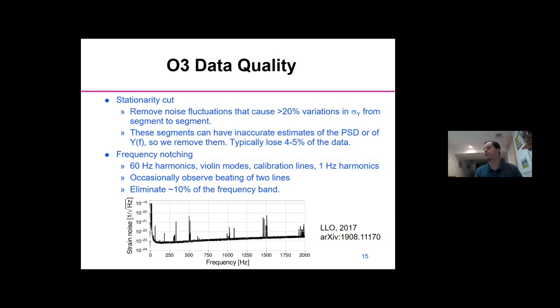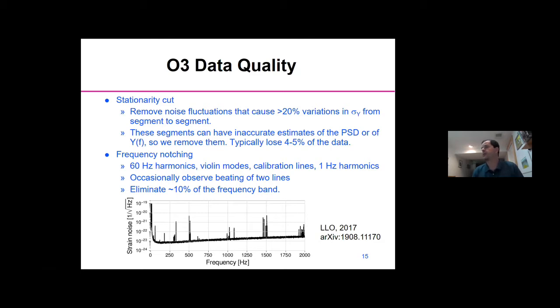Fluctuations that are larger than 20%, in our experience at least, are indicative of some sort of a glitch, some transient noise that elevates the power in the data locally at some particular time, and then it's gone in the next segment. So this allows us to identify these very loud glitches that may impact our data.